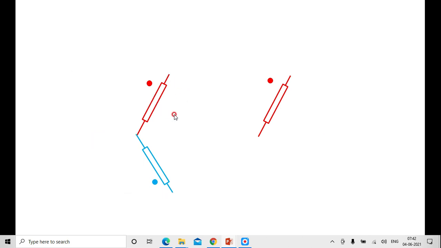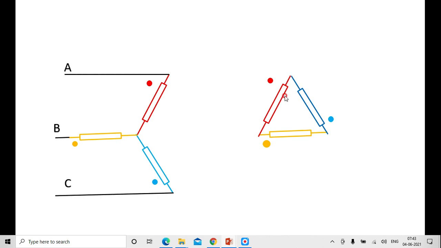If you measure between this point and this point on the star side, that gives VAN1, whereas if you measure the voltage between these two, that gives VAB, the line to line voltage.